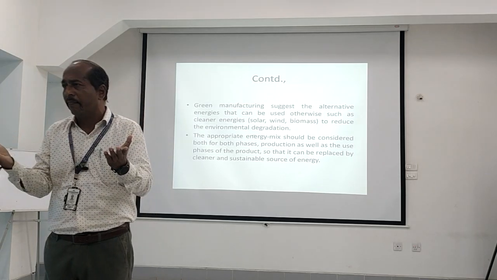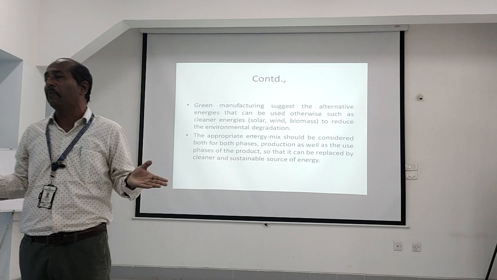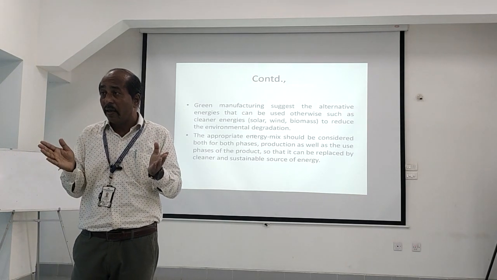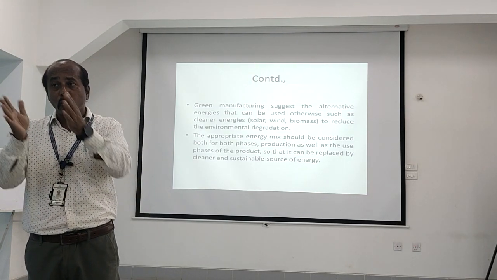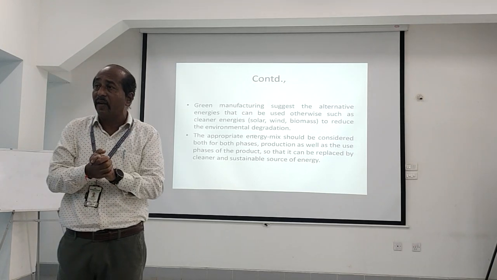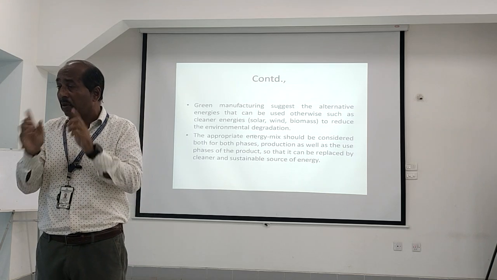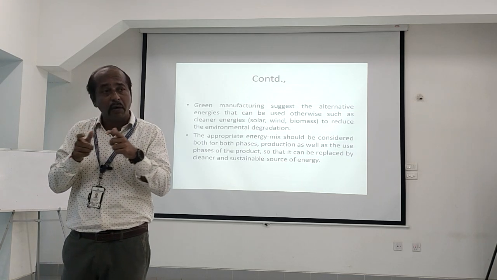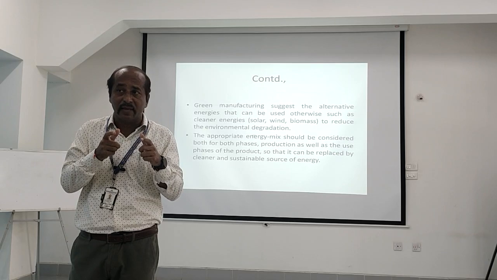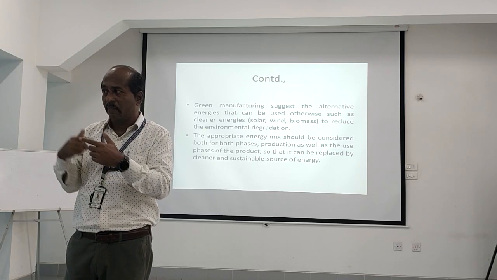There is no combustion at all, so the point of emission never comes into the picture. That is the reason the total automobile sector is turning towards electric vehicles, because they never result in any air pollution. But traditional automobiles result in all sorts of pollution. That is the reason the trend is reversed now.